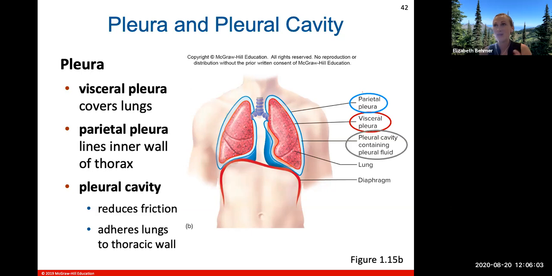So if your lungs are moving around a little bit, this pleural fluid just provides a level of protection to the lungs and also helps to reduce friction as they're moving around. It also adheres lungs to the thoracic wall. And you can see how the diaphragm is located right below the lungs to separate out the thoracic cavity from the abdominal cavity below it.